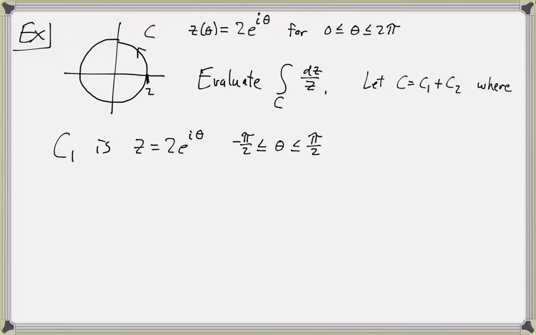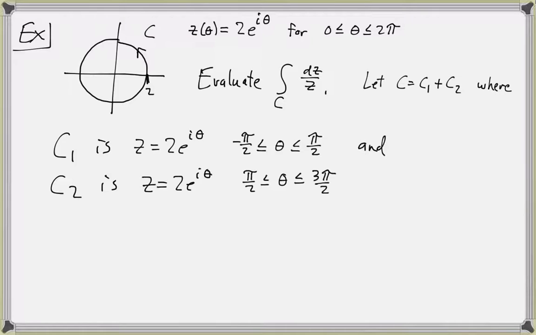So in other words, the right half of this contour C. And I'm going to let C2 be given by the parameterization z equals 2 e to the i theta for theta between pi over 2 and 3 pi over 2.